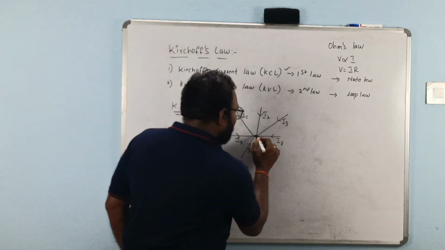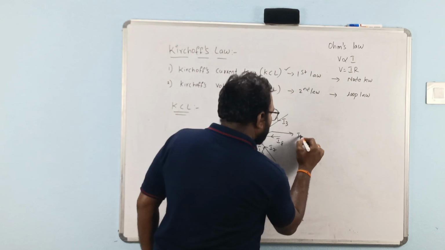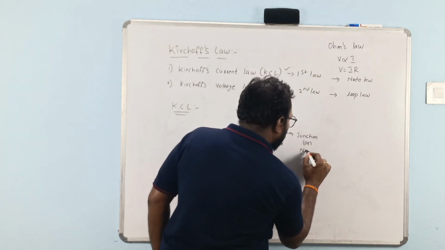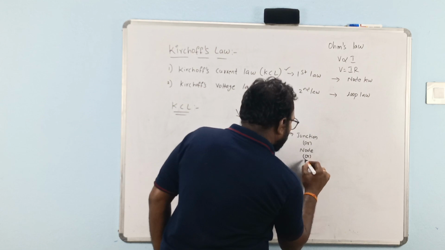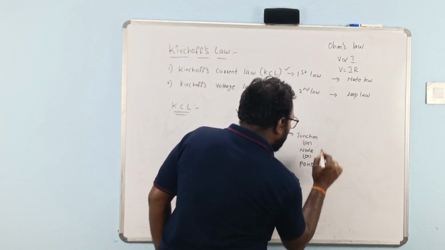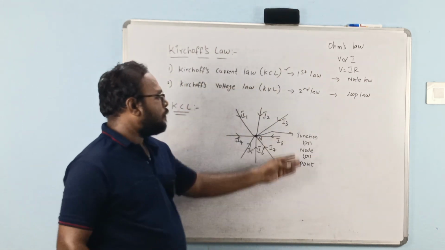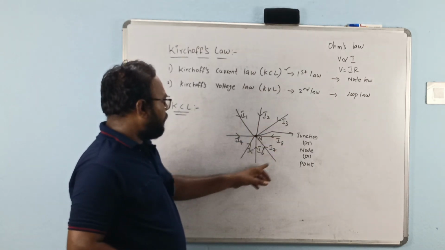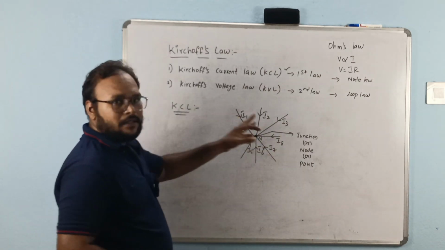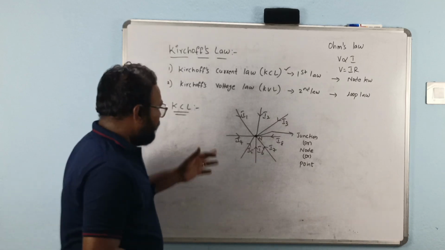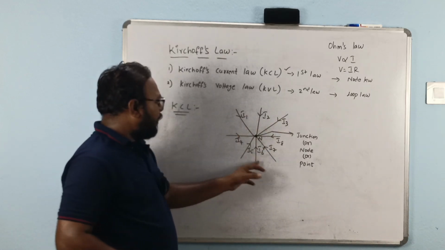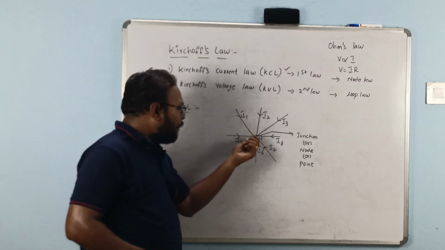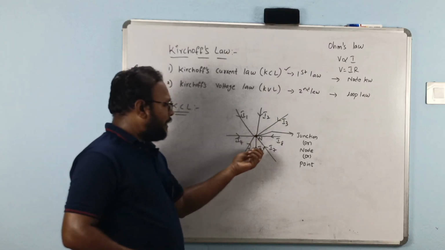Let this N be the junction or node or point. Whatever we discuss, we can use these words for that dot. These are the currents through the branches at this particular junction.